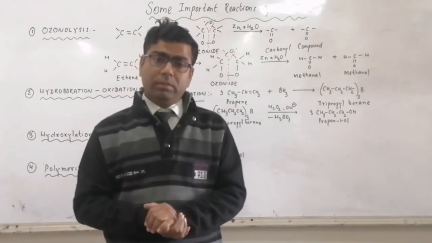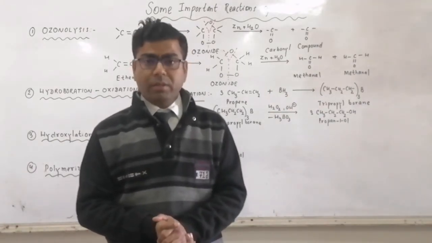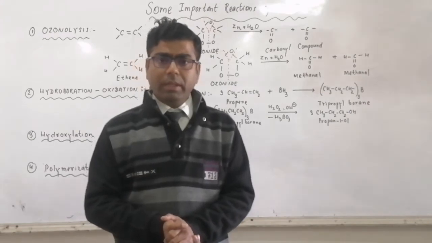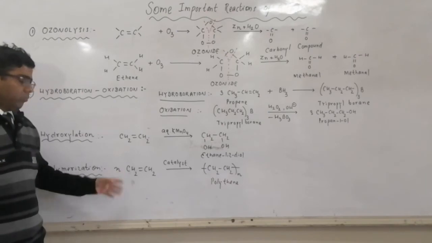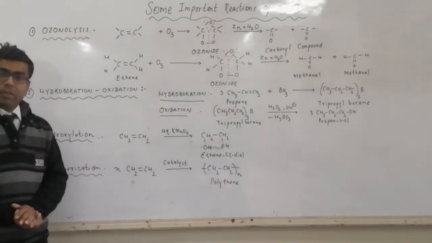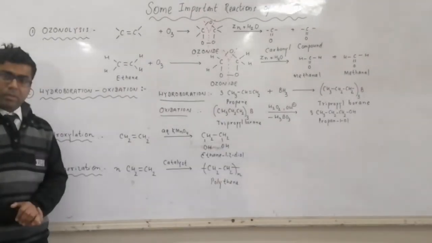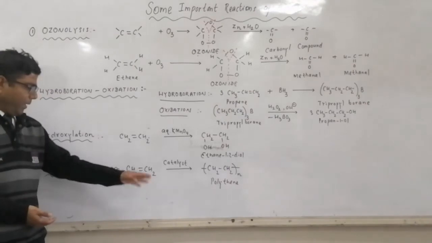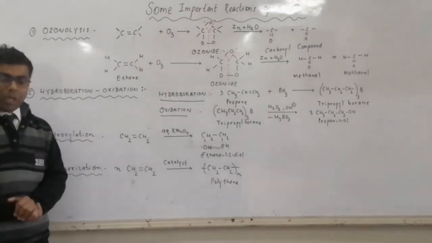So when monomers get converted to a polymer, the reaction is called polymerization. Here, if we take n molecules of ethene, this n can be more than 100, it can be 1000 also. So this is the simplest unit, the monomeric unit. It will be repeated n times, as a result of which we will obtain a large molecule which is called a polymer.